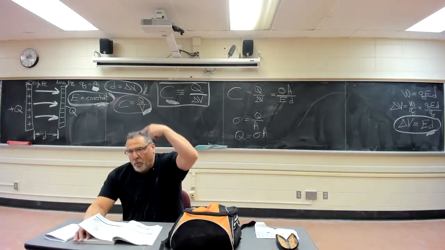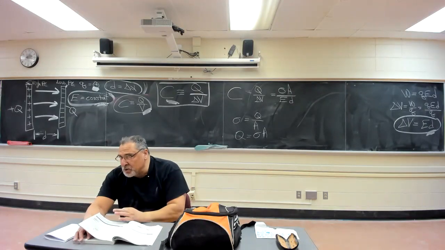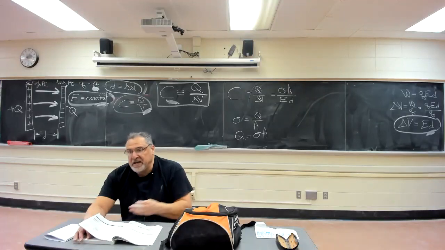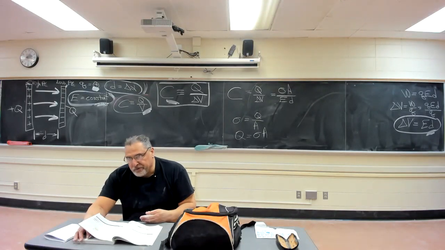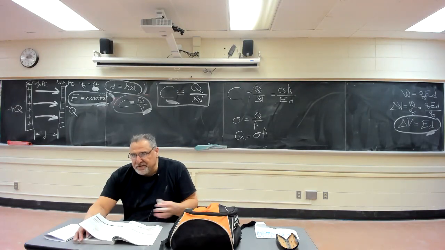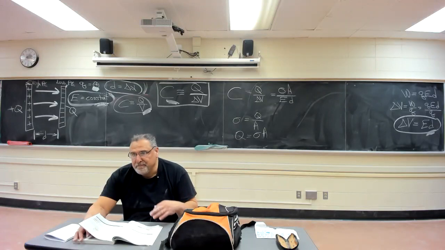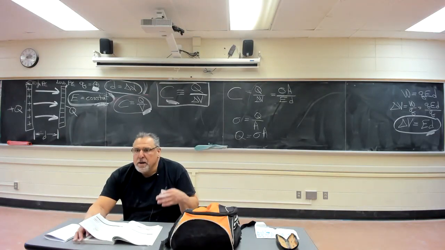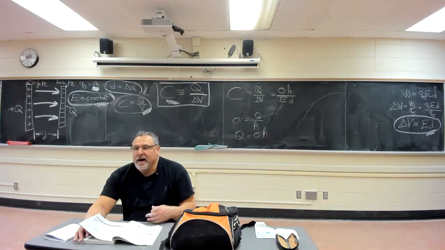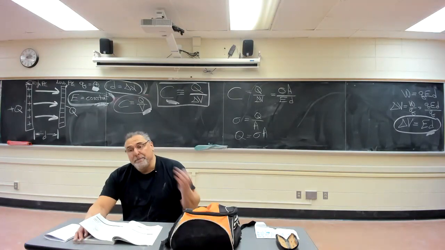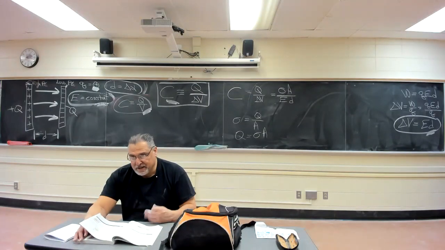The other plate right next to it is also contributing an E field, which is also sigma over 2 epsilon naught. The positive test charge is being pushed by the positively charged plate, and the negatively charged plate helps in that push by pulling the positively charged test charge.